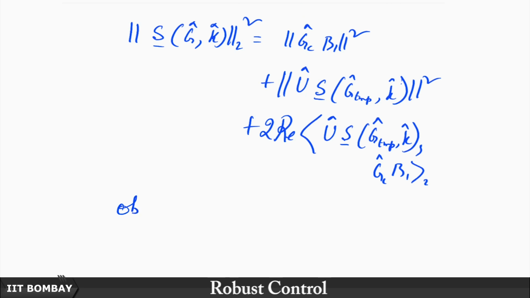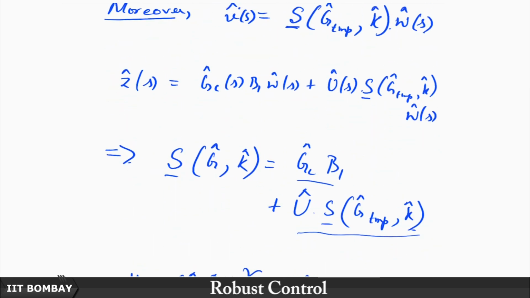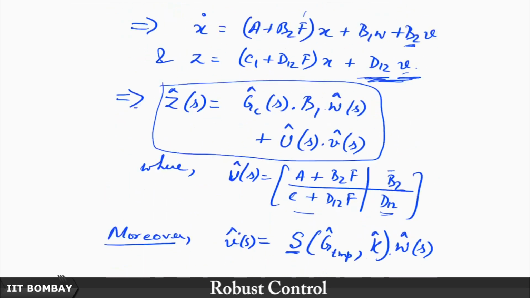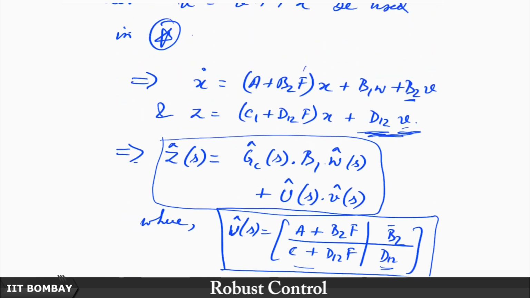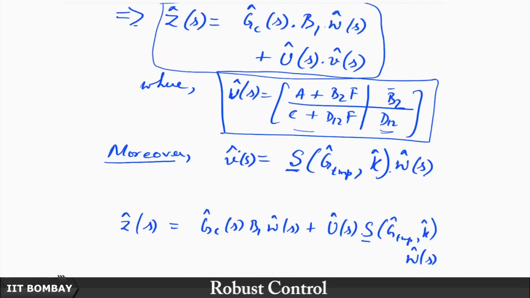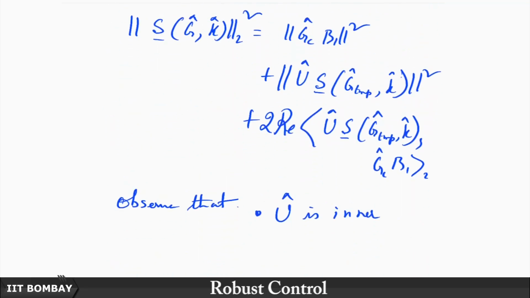Now, we make 2 important observations here. One, observe that U hat is inner. We proved this already, right, that the U hat that we have obtained here, and that is why it was so important. Notice that this U hat we proved in the earlier part previously, that this U hat is indeed inner.